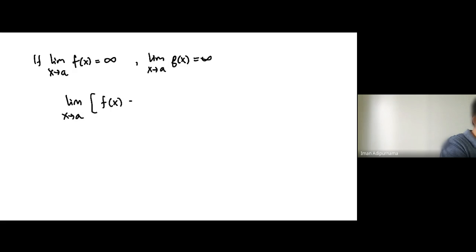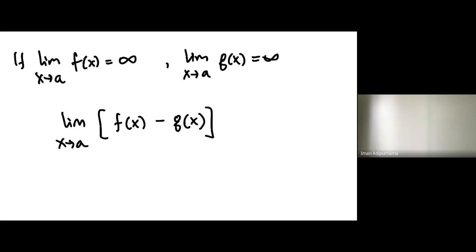If the limit of f is infinite and the limit of g is also infinite, so you have f and g, and as you approach the same number a, they both are infinite.